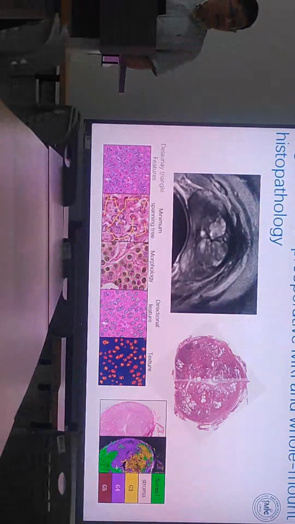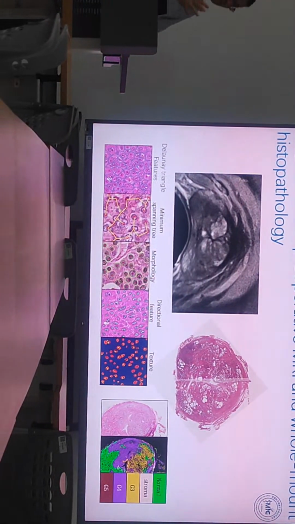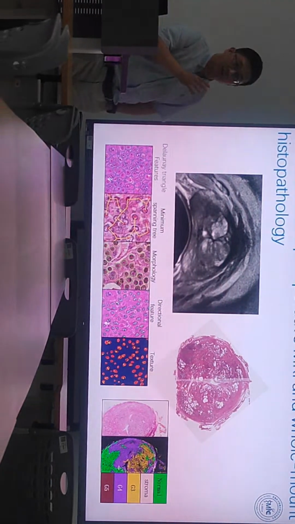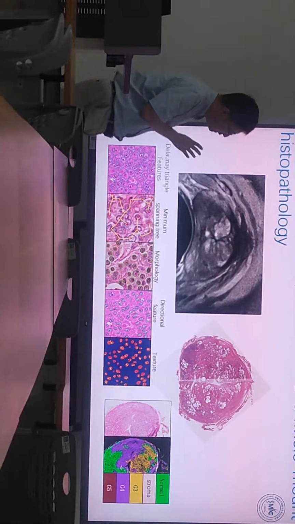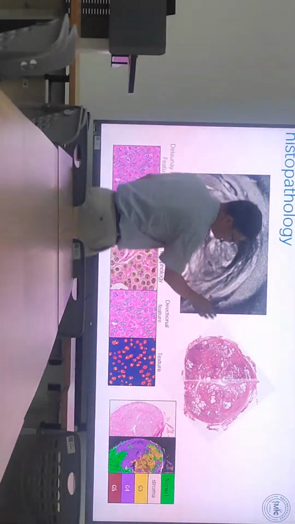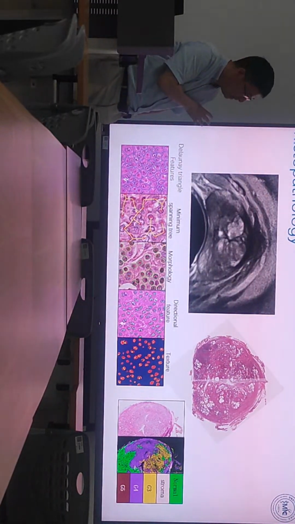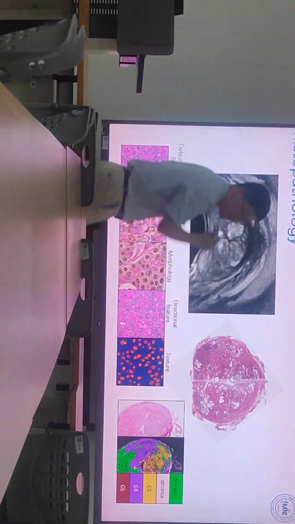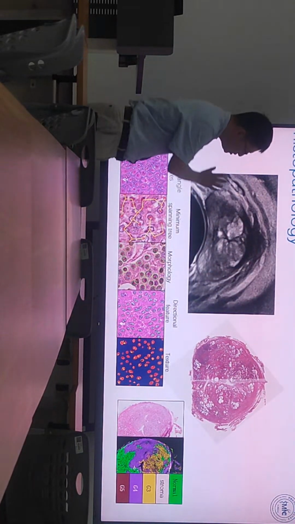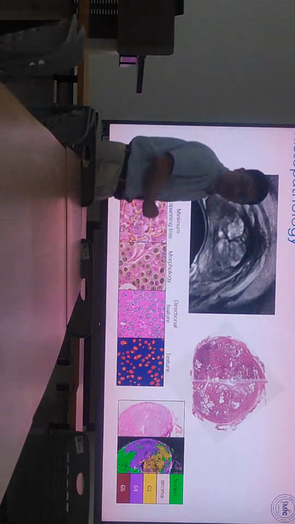And also, as I just mentioned, machines are very good at fusing different image modalities. For instance, we can do registration between pathology and radiology. We can use this pathology as an example. We can register the MR images into the pathology images.